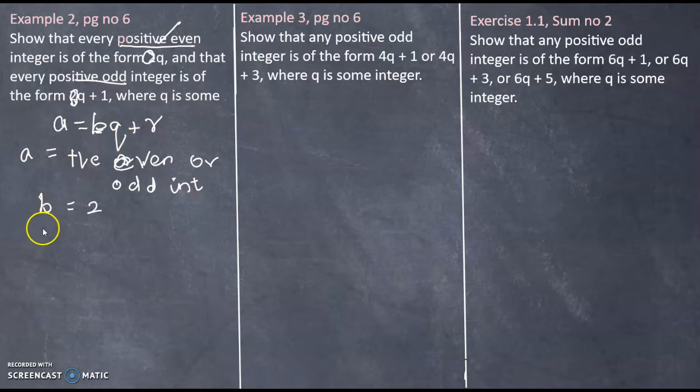And then q. q is the quotient, so it should be greater than or equal to 0. And r: you know the formula for r. r will be greater than or equal to 0 and it will be less than b.